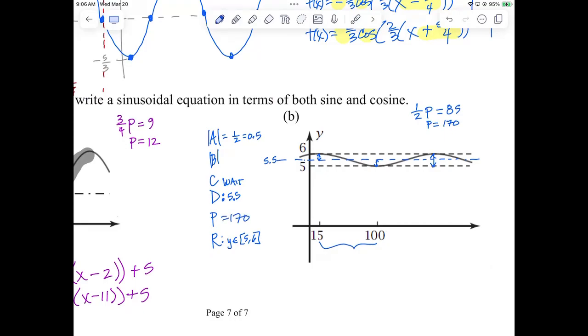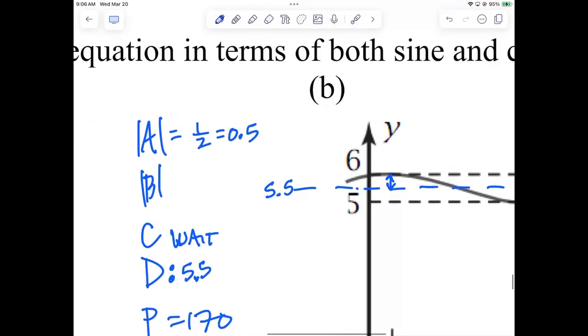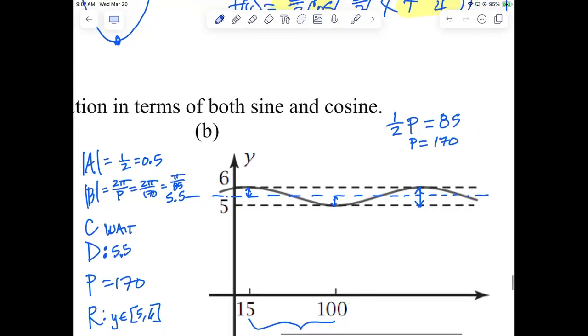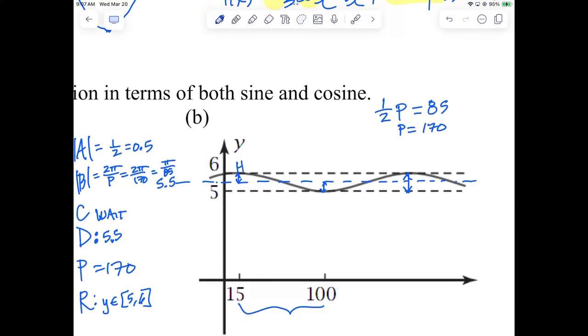And now can we find the B value? Yeah, the B value is now 2 pi over P, which is 2 pi over 170, which if we simplify is back down to pi over 85, pi 85ths. Very good. Now we can write an equation. We can write a positive cosine because we have a high point marked, and we can write a negative cosine because we have a low point marked.